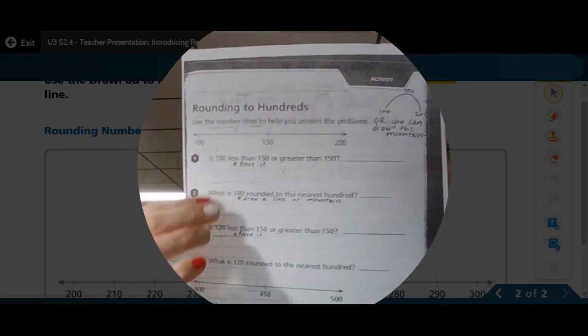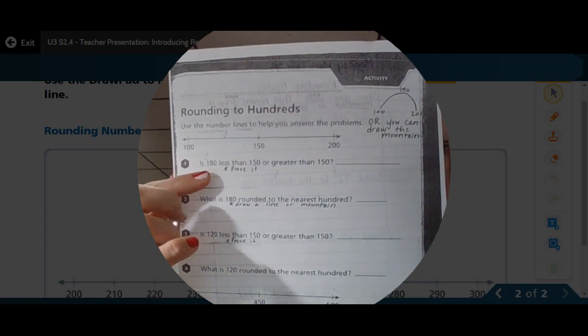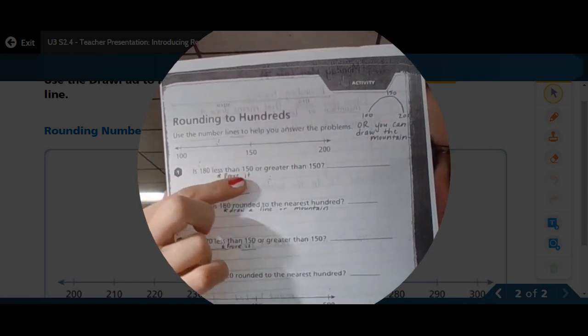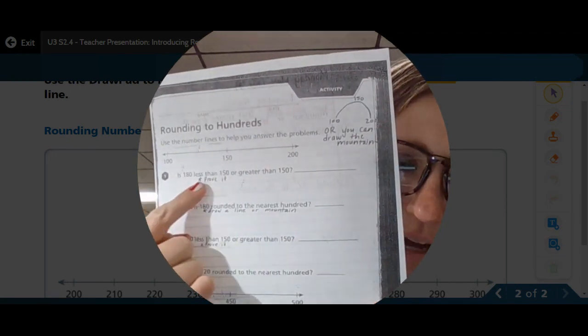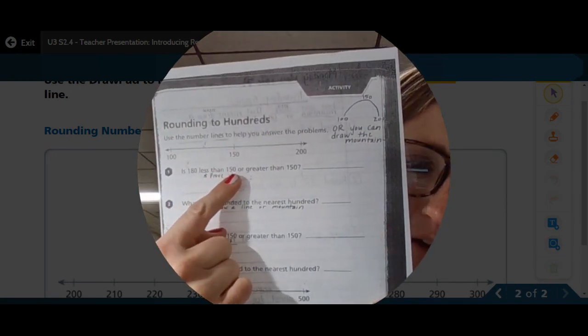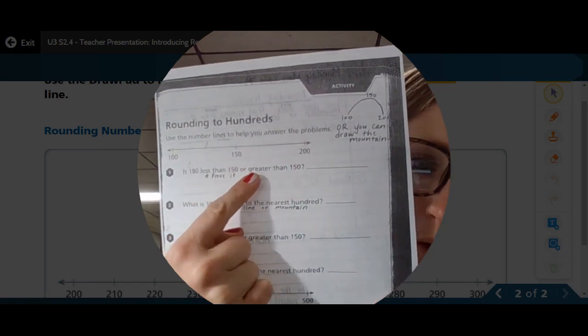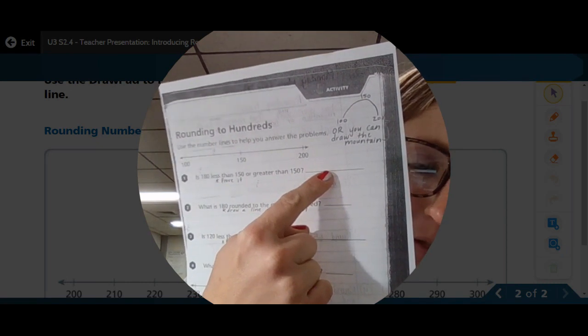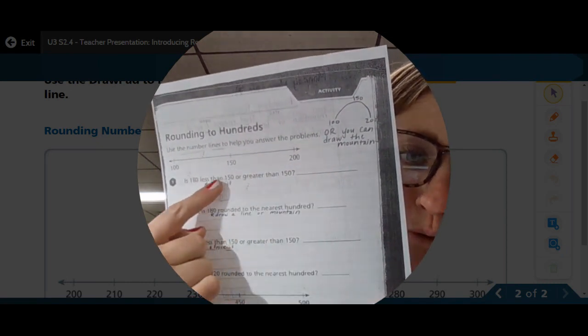And then on the back, this one breaks it down a little bit slower into steps. Some of these are asking you questions about parts of the number. It's not asking you to round, but like this one says, is 180 less than 150 or greater than 150? So your answer would be less or greater, and it says prove it.